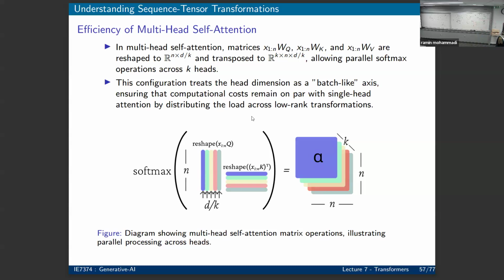I understand the advantages, but because we are splitting the dimensionality D into D by K, are we not losing the positional context information? Why positional context? Let's say we have a vector of D, and the position of the word is fixed.